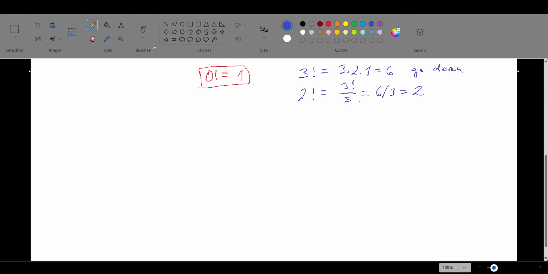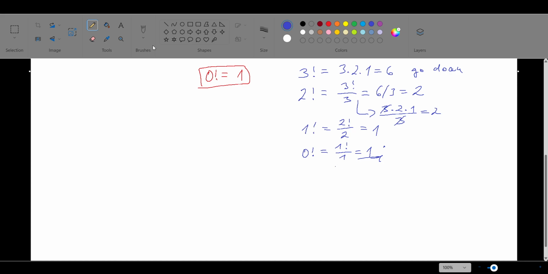If you simplify this fraction, 3 times 2 times 1 over 3, the two 3's cancel each other, and it is clear that 2 factorial is equal to 2. So 1 factorial can be calculated by the same procedure, 2 factorial over 2, which is equal to 1. So 0 factorial should be equal to 1 factorial over 1, and this is equal to 1.